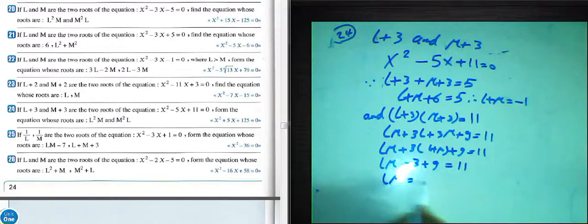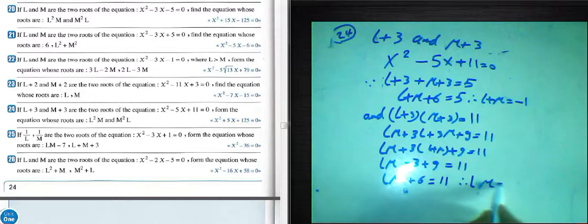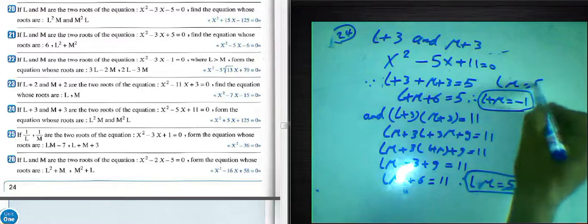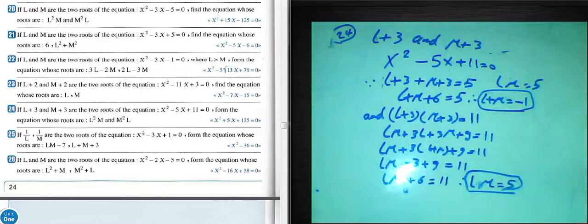So LM plus 6 equals 11, so LM will be 5. We have LM equals 5 and L plus M equals negative 1.